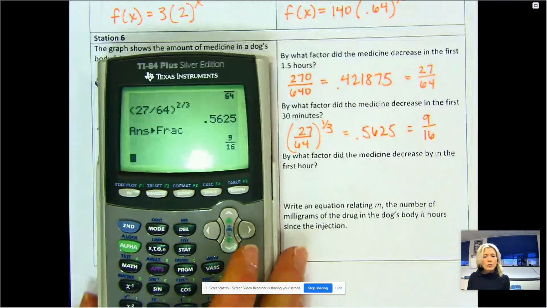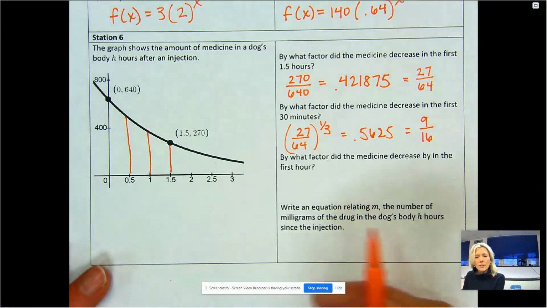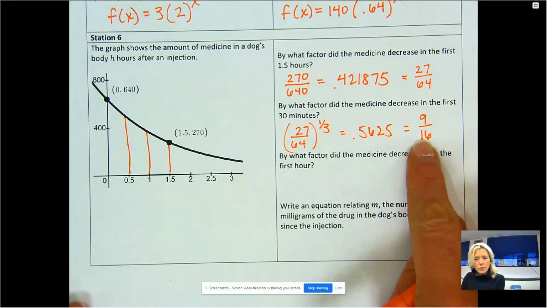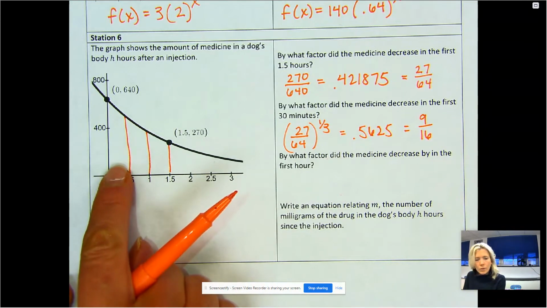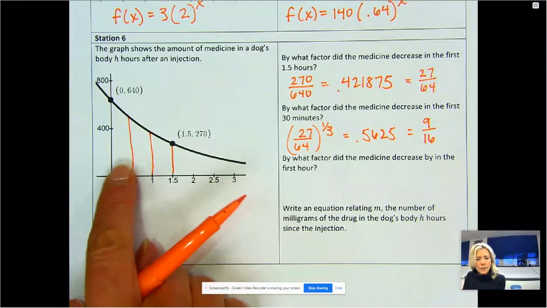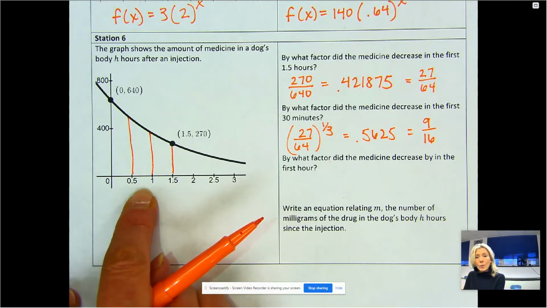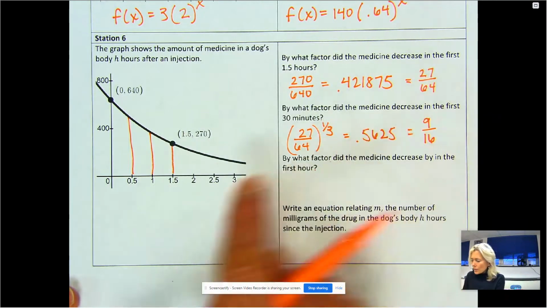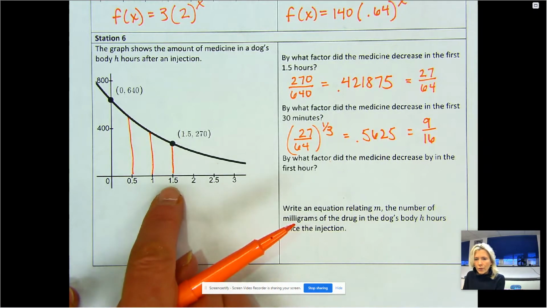Okay. So from here, you have some options. By what factor did the medicine decrease in the first hour? Well, I could use this factor and say that represents this one interval. So I would raise it to the second power to get the entire interval for the first hour. Or I could use this factor and raise it to the 2/3 because from 0 to 1 is 2/3 of the way from 0 to 1.5.